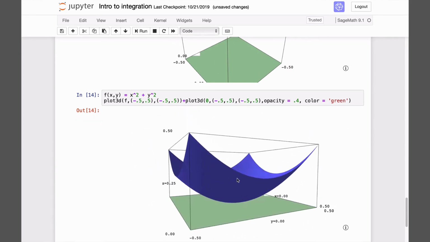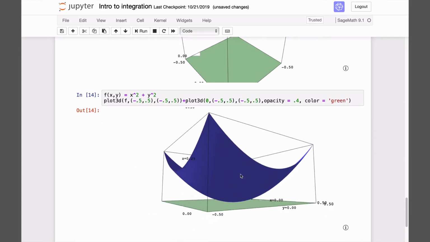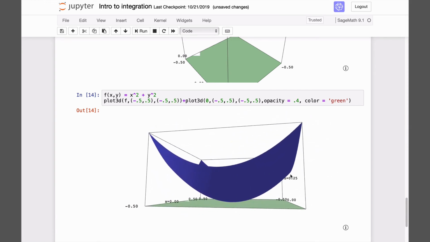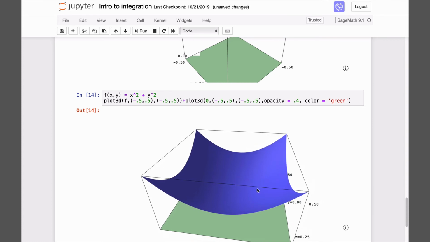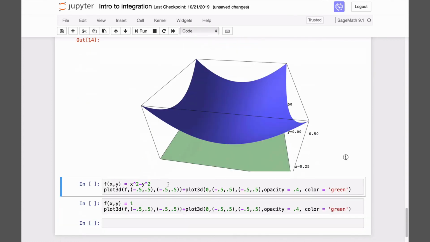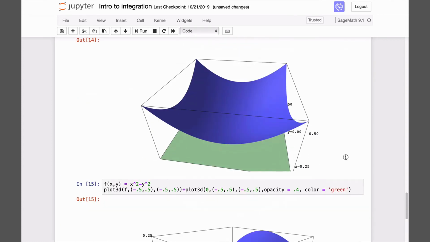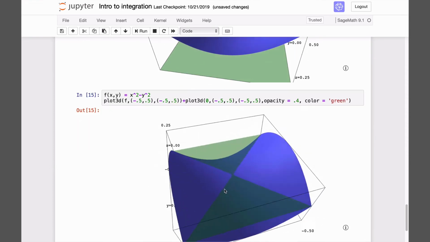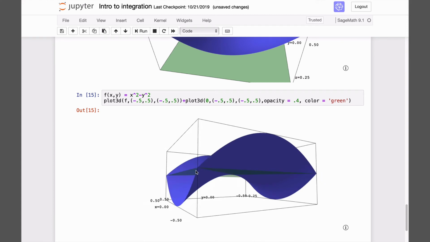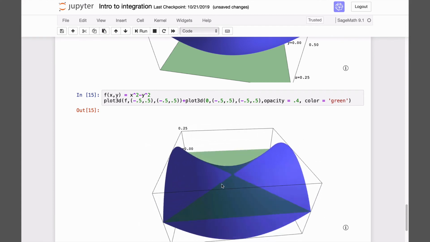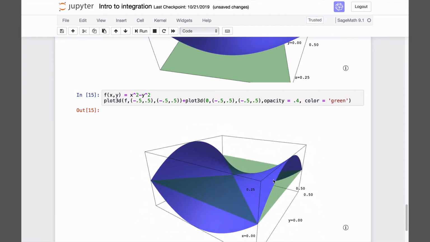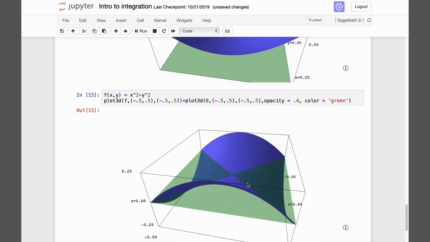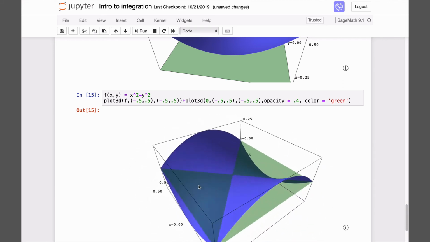Graph of the function x squared plus y squared. So this green floor here is the xy plane. And the Pringle-shaped graph, x squared minus y squared. So what do you think? Are these integrals positive, negative, 0?